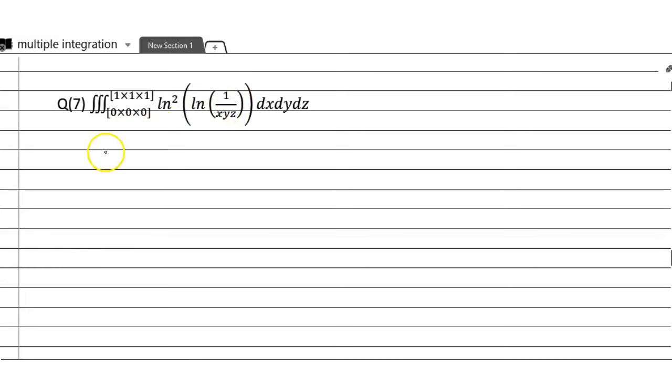So I can write omega equals the triple integral, 0 to 1, 0 to 1 and 0 to 1, of xyz whole to the power t dx dy and dz. It can be written as t plus 1 whole cube.